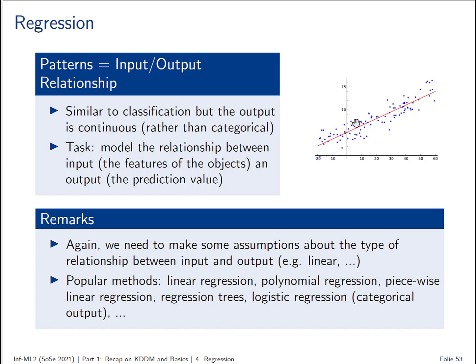That would be piecewise linear regression. Regression trees are an extension of these piecewise linear regressions, because sometimes it's not clear where to actually partition the inputs. And then there is logistic regression, which is regression by name, but actually it has a categorical output.